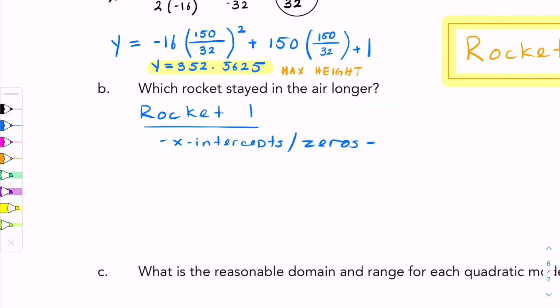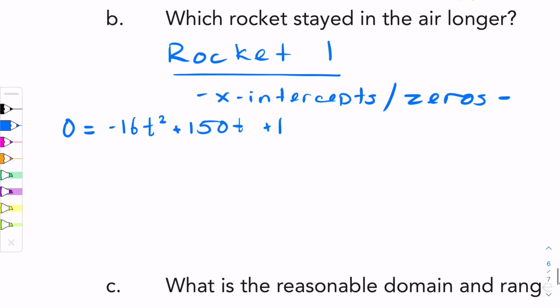To find the x-intercepts of rocket 1, I am going to use the quadratic formula. First I'm going to set my function, which is negative 16 times t squared plus 150t plus 1, equal to 0. And then I'm going to substitute in my a, b, and c values into the quadratic formula.